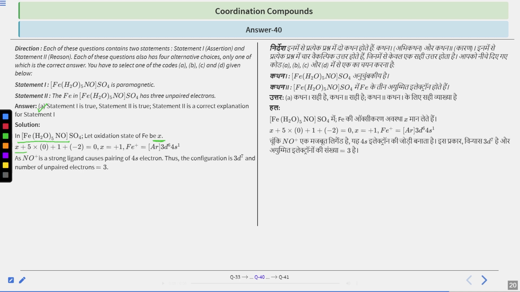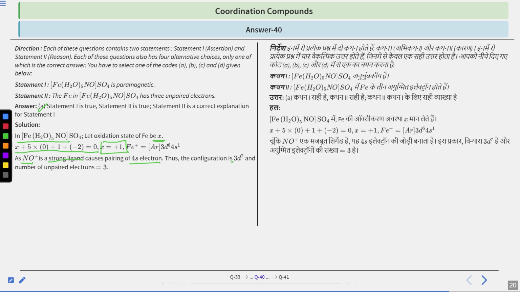Now you solve this equation for X, it will be X equals plus 1. That means Fe is having a plus 1 charge, and for Fe plus 1, the configuration is argon 3d6 4s1. As NO+ is a strong ligand, it causes pairing of the 4s electron.